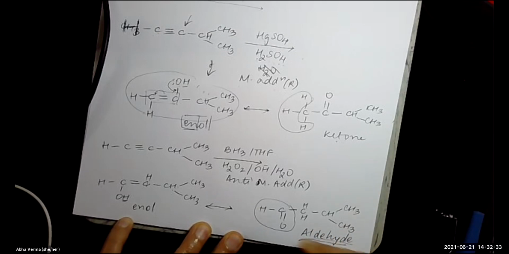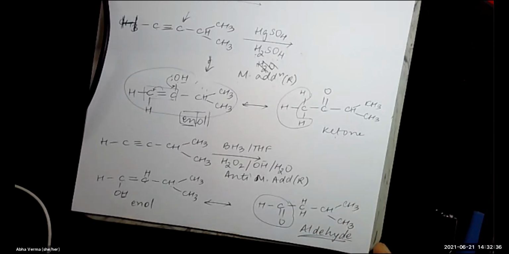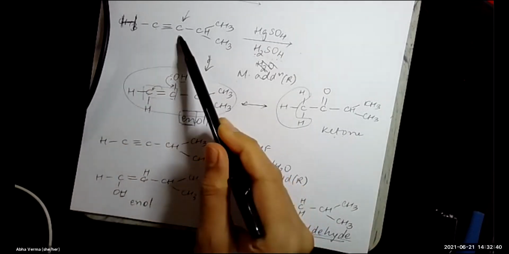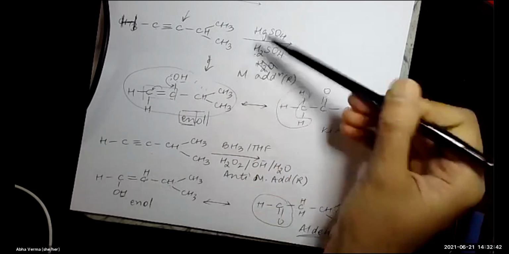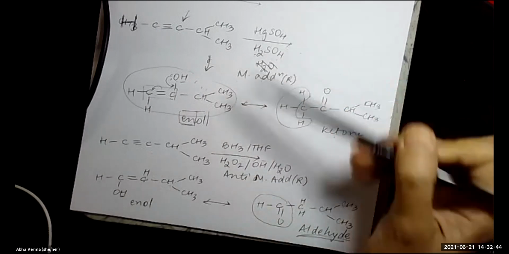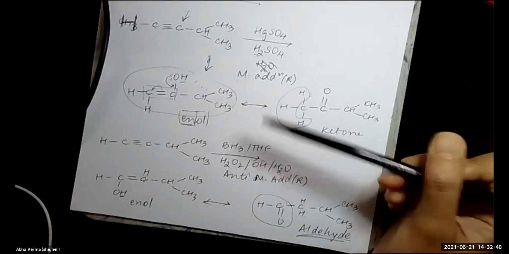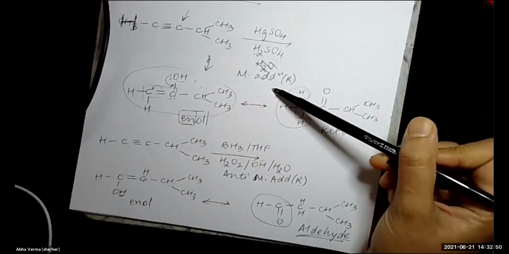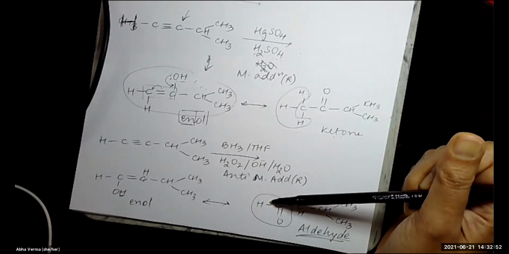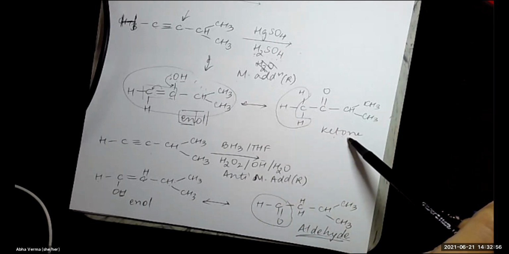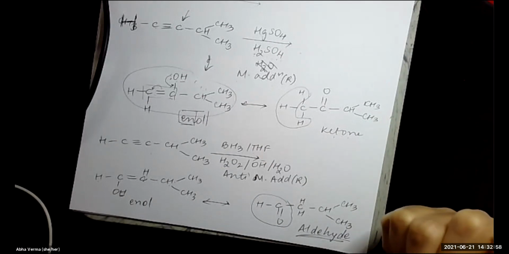So from the same starting alkyne, using appropriate reagents, either the ones causing Markovnikov addition or the ones causing anti-Markovnikov addition, you can generate a ketone or an aldehyde.